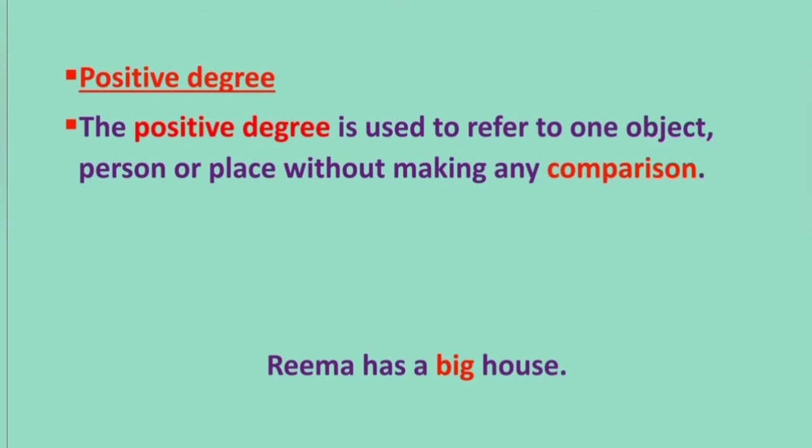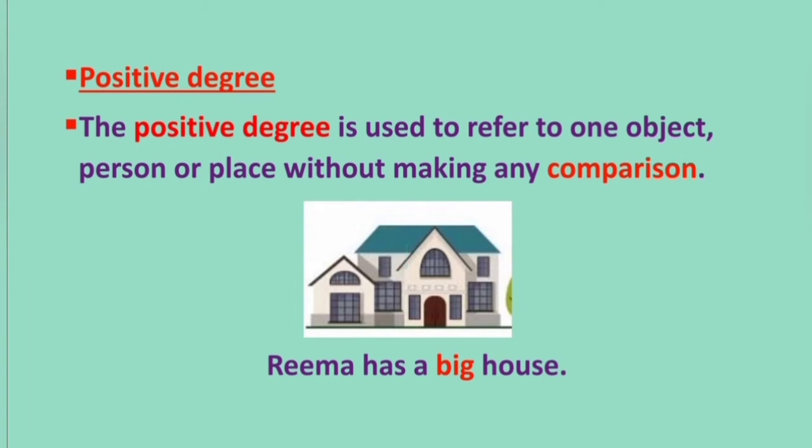It is a sentence or a statement. You can see, Rima has a big house. Here the word big describes the size of this house. So here there is no comparison. So this sentence is in positive degree, and the word big is a positive degree of adjectives.